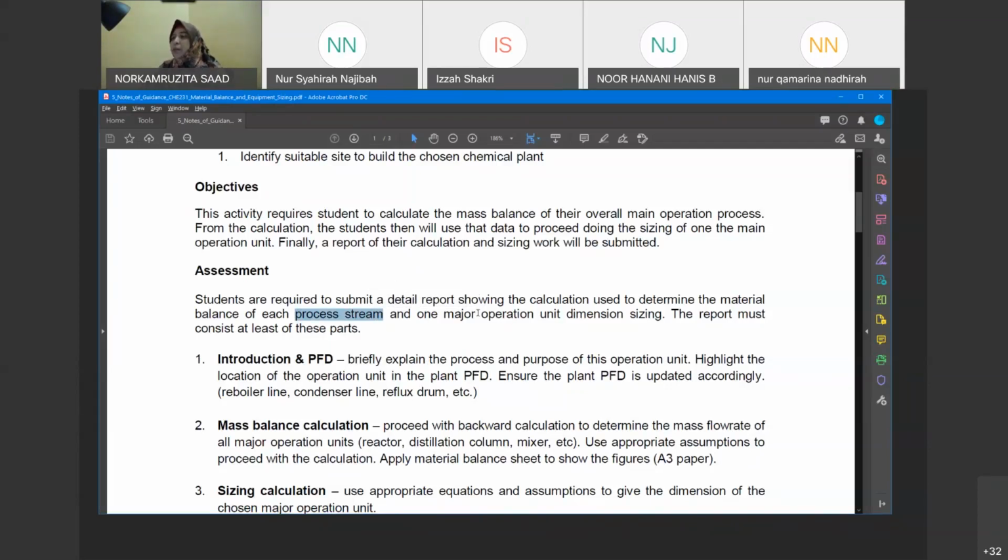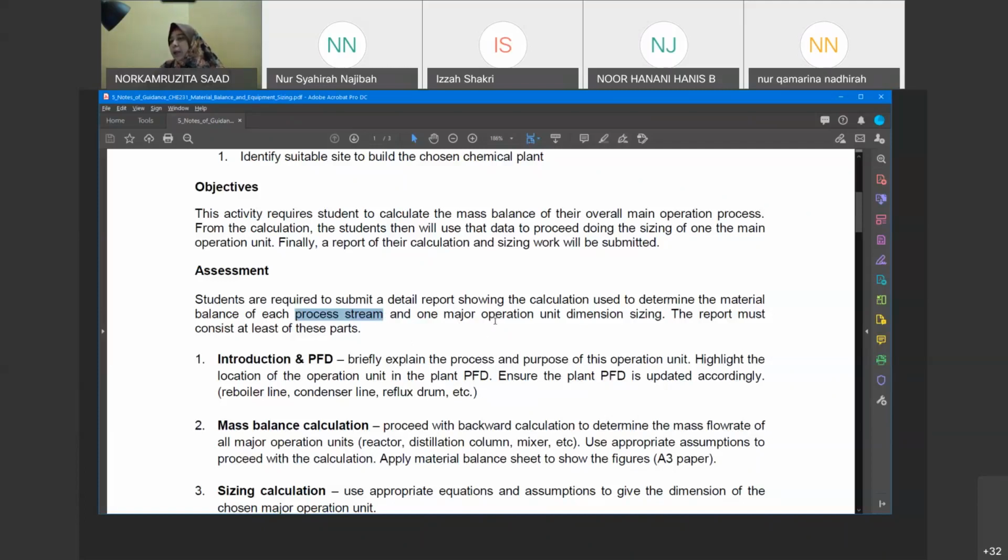So that is called major process stream, or major operation unit that you have. You need to clear out these things, because when you are dealing with the process stream, it involves the sizing of the unit operation that you are talking about.